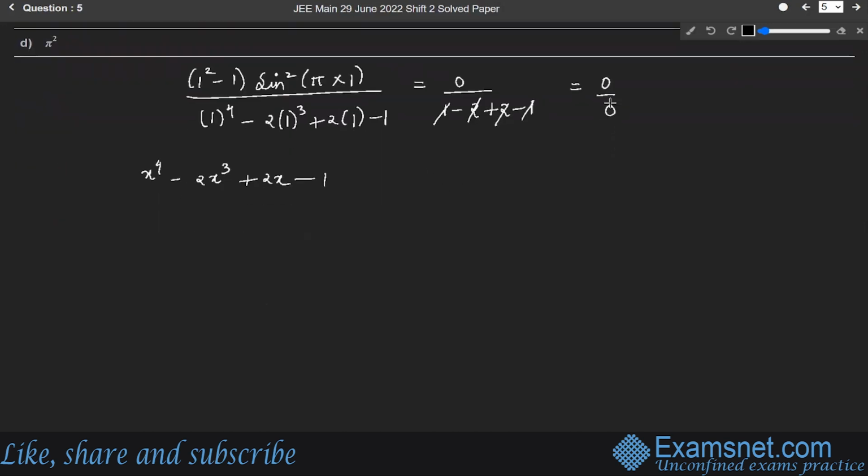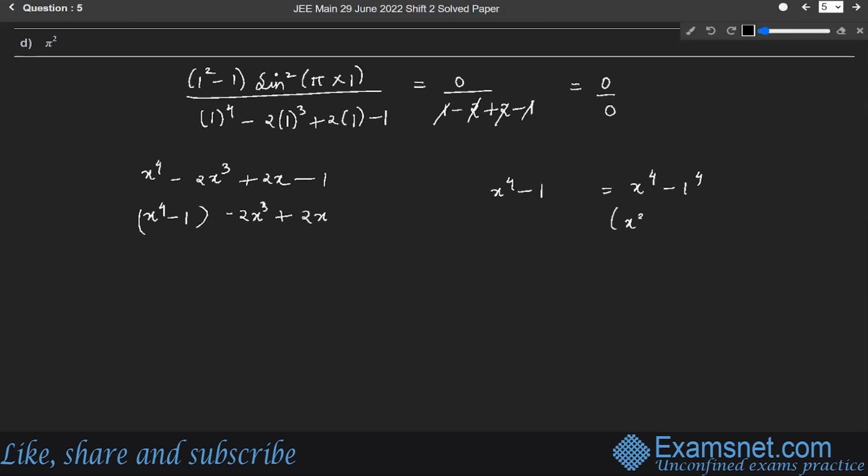All right. So how can we simplify it? Let us find the factors for this expression. So let us first write x to the power 4 minus 1 together. And what are the remaining terms? Minus 2x cube plus 2x, right? Now you can see that x to the power 4 minus 1. This is in the form of x to the power 4 minus 1 power 4, right? And what is x to the power 4?